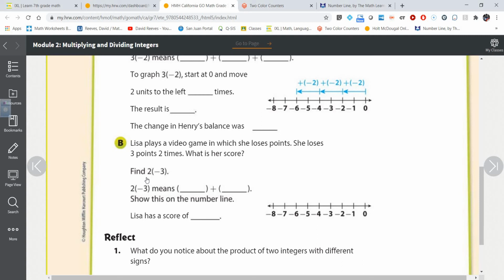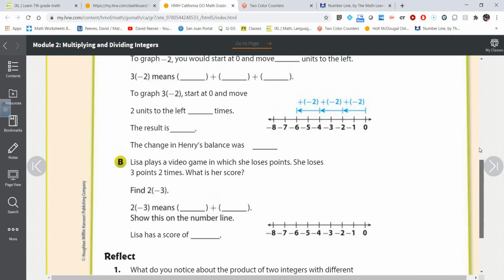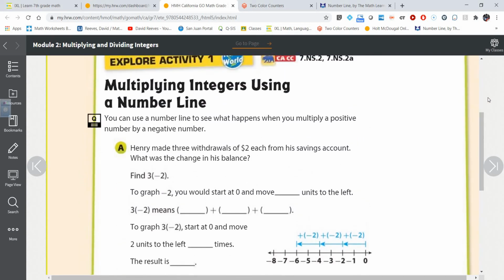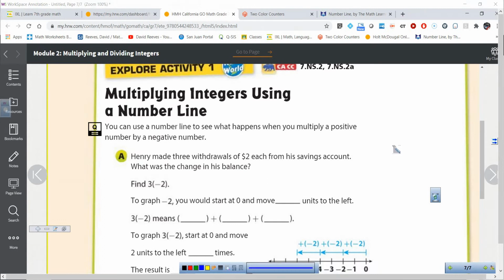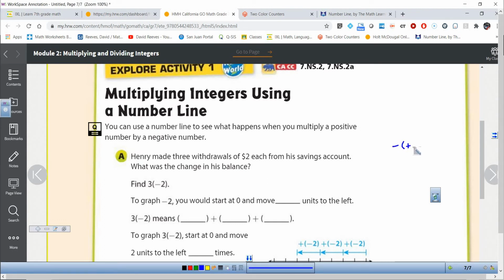All right, where it gets tricky is when you want to multiply a negative times a negative, right? So again, just as a reminder, we said a negative times a positive gives us a negative. We said a positive times a negative gives us a negative. A positive times a positive gives us a positive. But what about a negative times a negative?